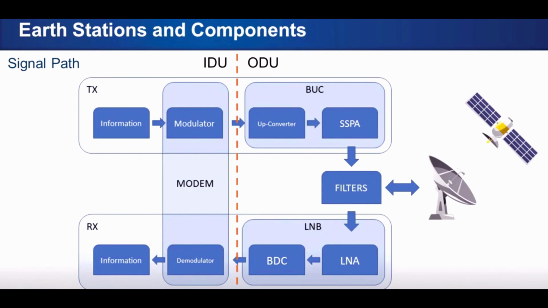There are other components in the market known as up-converters and solid-state power amplifiers, abbreviated SSPA, that can do the two main functions of the buck, the frequency conversion and amplification, separately. Depending on your application, it might require using them instead of a buck.